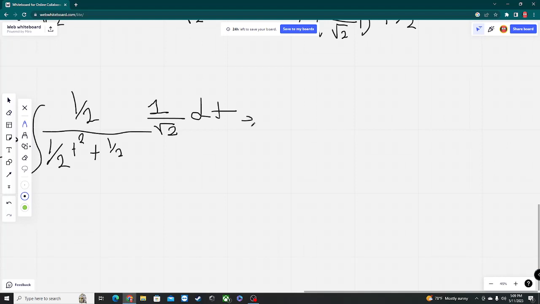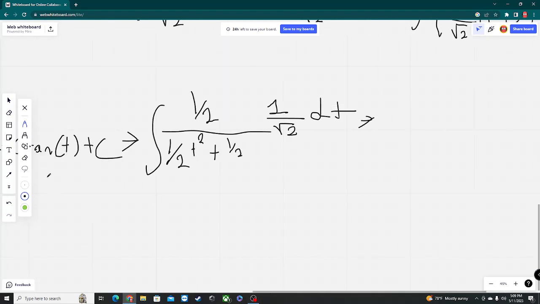This is going to turn into... make sure I'm doing all of this right. I think I'm looking at the wrong thing. Yeah, this does equal what I'm thinking it equals. Huh. So we do have the integral there.